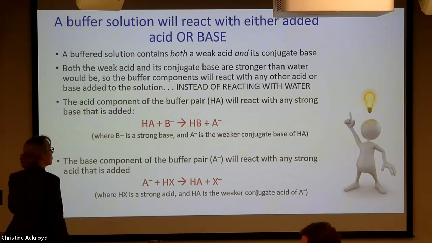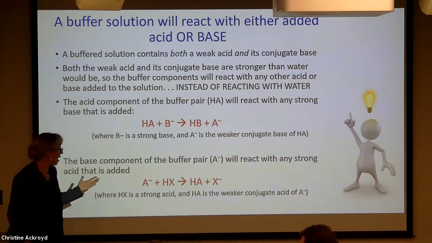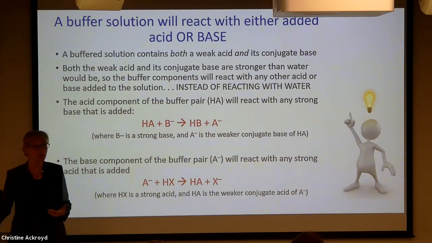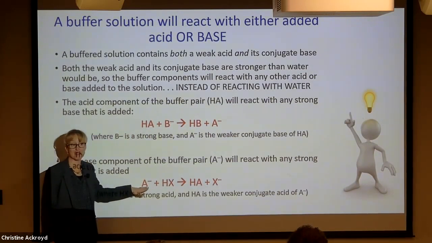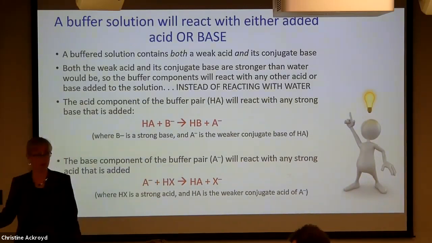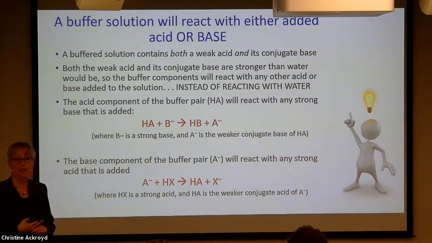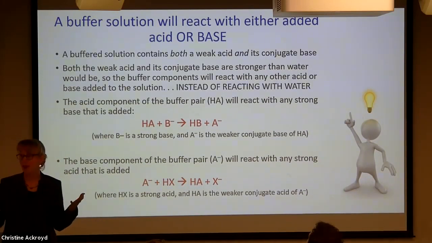Okay. So if you add any acid, then the acid will react not with the water to produce hydronium. Instead, the acid that you add will react with the buffer base to produce the weak acid form of the buffer. Okay, so essentially the buffer is there to trap added acid or base. Why is that important?